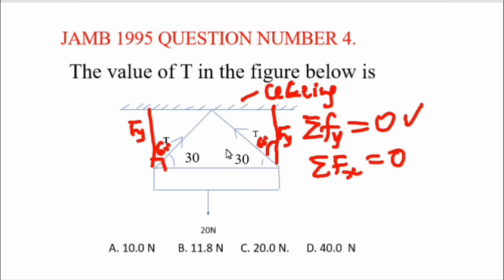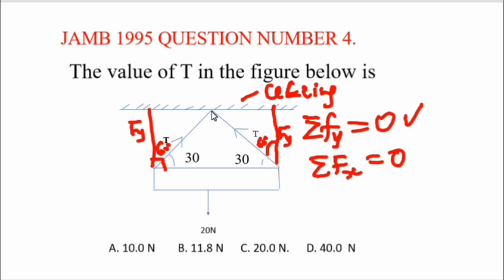That's the reason why the tension is the same, that's why we have T here. If here is 30 degrees and here is 60, we might denote this T1 and this T2, meaning both will have different tensions on the rope.